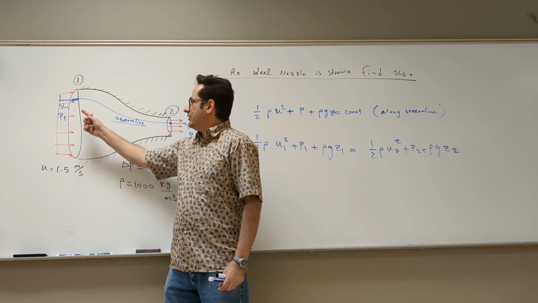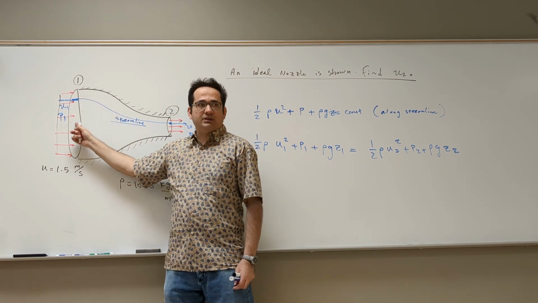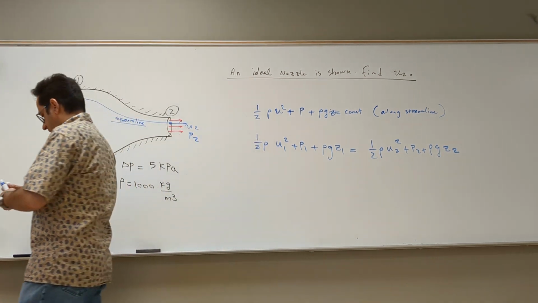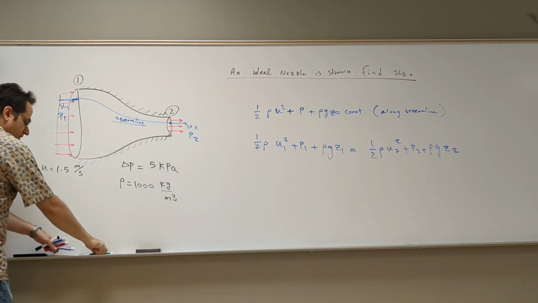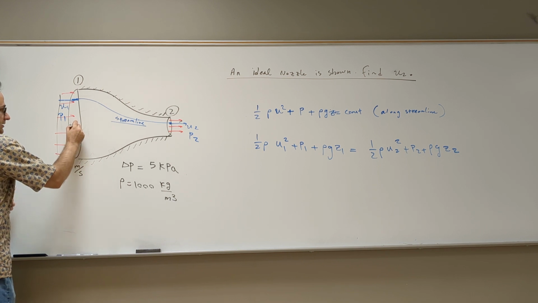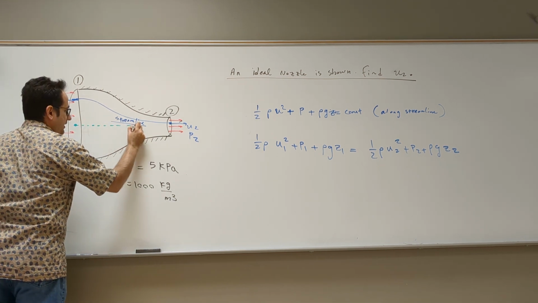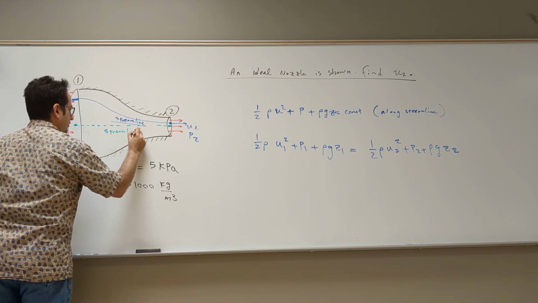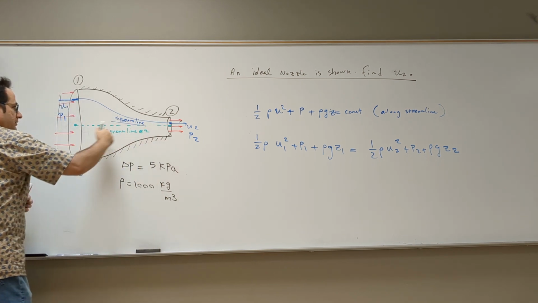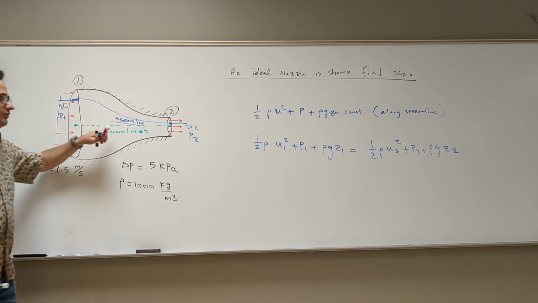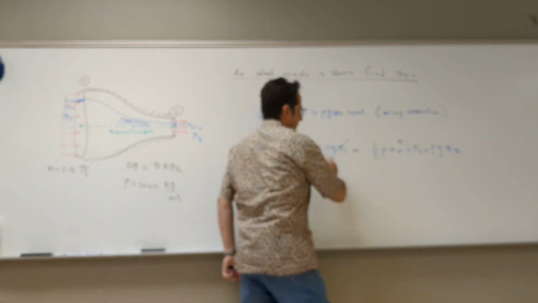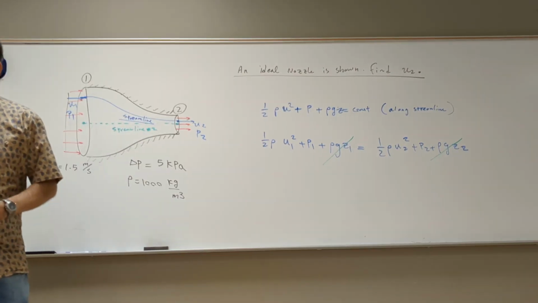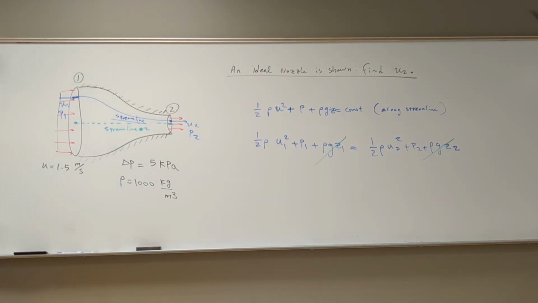In other words, instead of this point, you could take this point here, and because the velocity is the same, instead of this streamline, you could take this streamline, just at the center. And this is the second streamline, streamline number 2. And then you always see that it's actually u1, u2, and this term is 0. They have the same elevation. So that's the reason that term is 0 here.